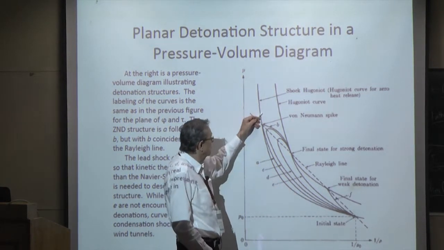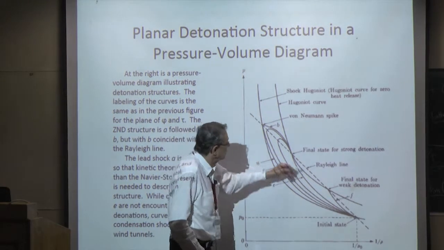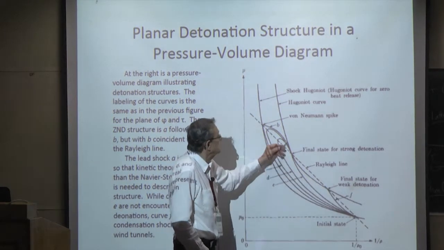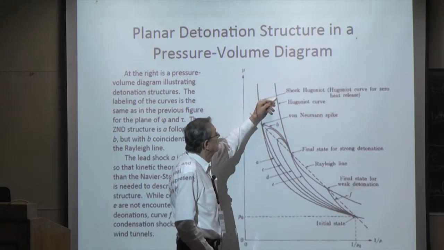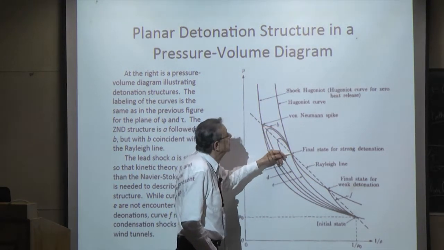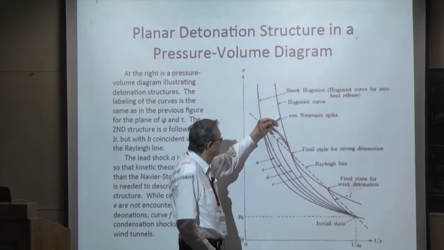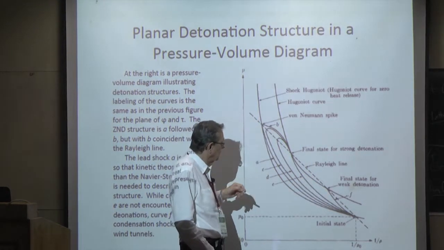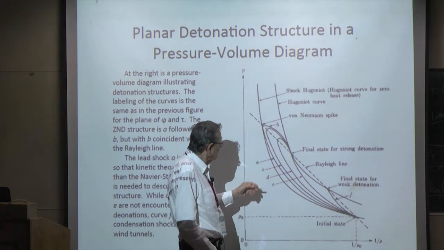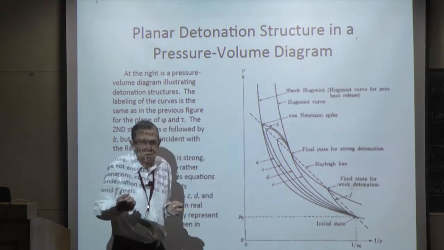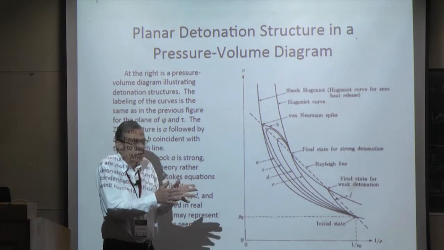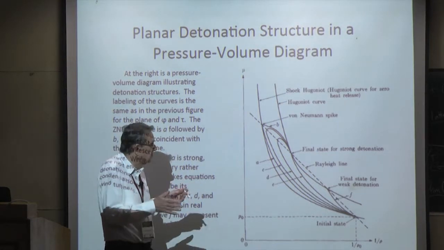This is a Hugoniot without heat release. This line here is the detonation Hugoniot, the curve with heat release. If you look at shock structure, shocks are thin, especially these strong shocks, a few mean free paths.